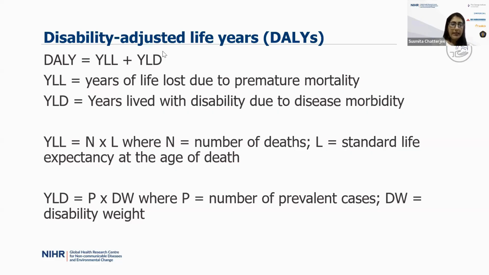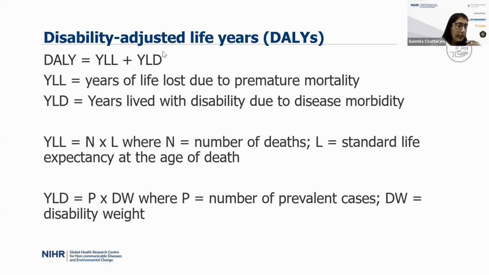This disability weight has been developed by the Global Burden of Disease studies group. I'm sure you all have heard about the Global Burden of Disease studies, right? This group has come up with these disability weights, so we really don't need to bother much about how we get them. They are available for 2004, 2010, and the most recent one I got is 2017.